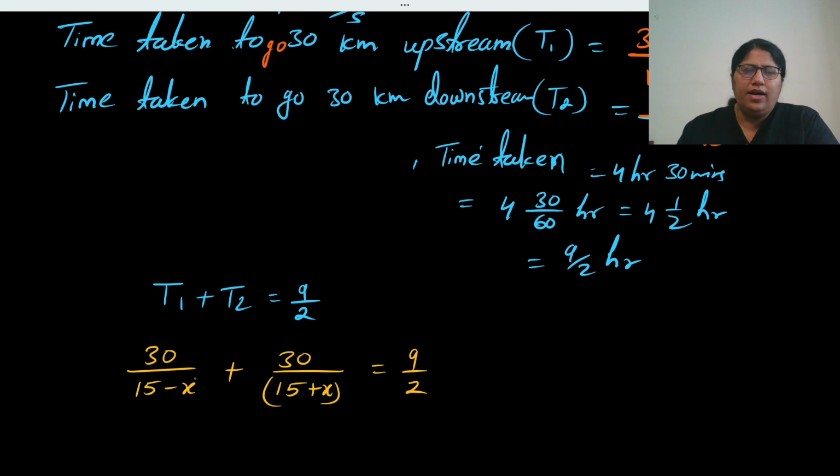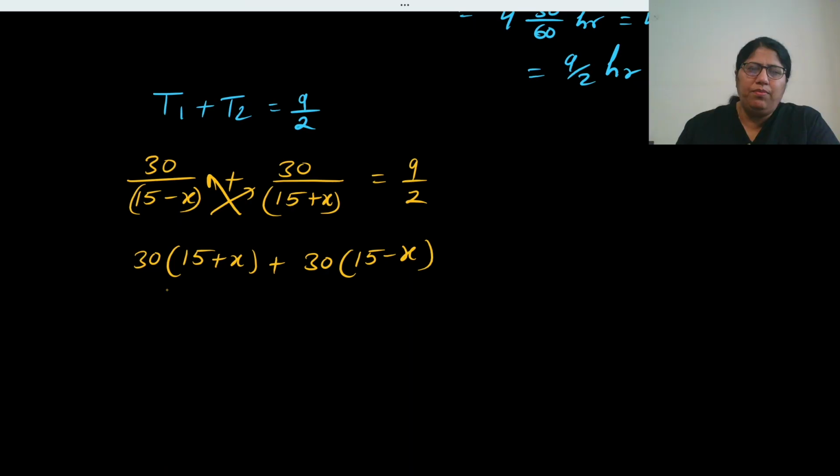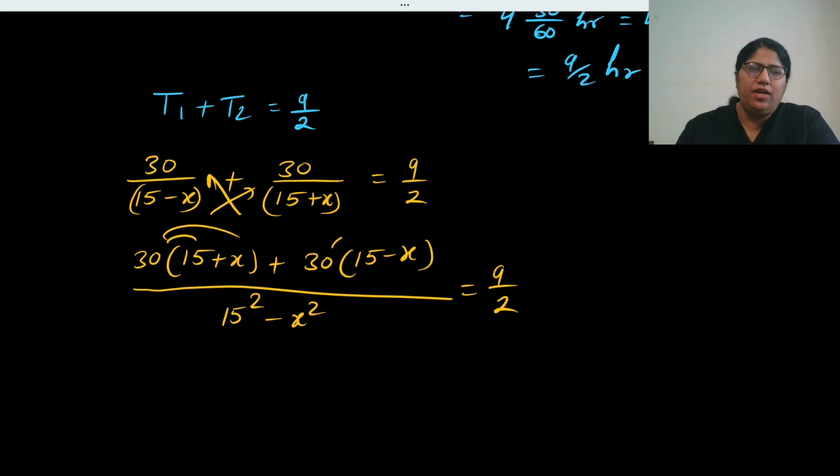Now again there are two terms, you can put the bracket and do cross multiplication to get the LCM. So it will become 30 times 15 plus x plus 30 times 15 minus x. The product of denominators is in the a minus b, a plus b form, so it will become a square minus b square, equal to 9 by 2. Now use the distributive property to open the bracket.